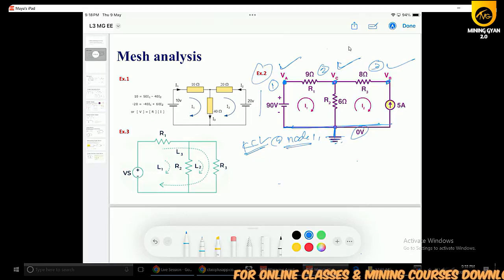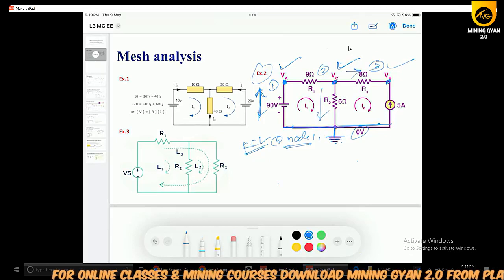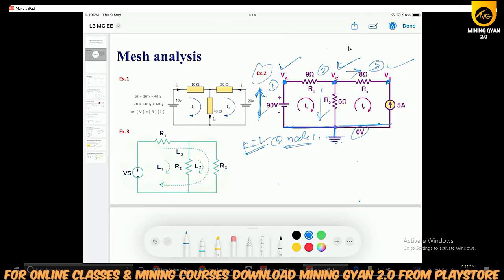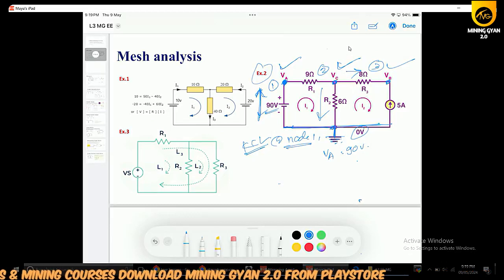The KCL equation will be, if the current is flowing like this through the source, and if current is flowing like this, and like this. So how to write the equation? One thing I wanted to say: this node has the potential of 90 volts, so VA is directly 90 volts. Now if VA is 90 volts, then how to apply the KCL equation?